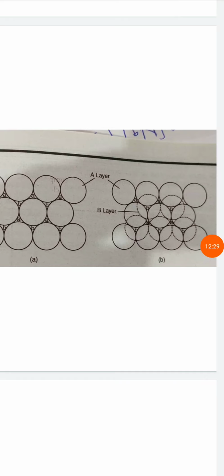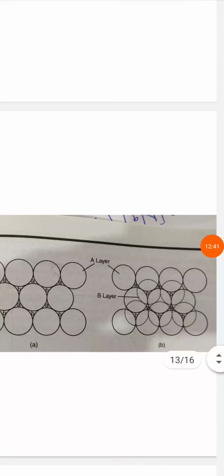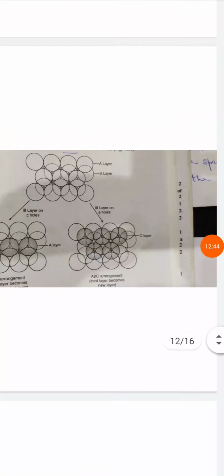If the pairs of the third layer are placed on the hollows of the second layer, that is on C, each pair of the third layer lies directly above those in the first layer, as shown in the figure. This arrangement, if continued indefinitely in the same sequence, represents AB type of arrangement, and this type of packing is known as HCP type of packing. This is the HCP type of packing.